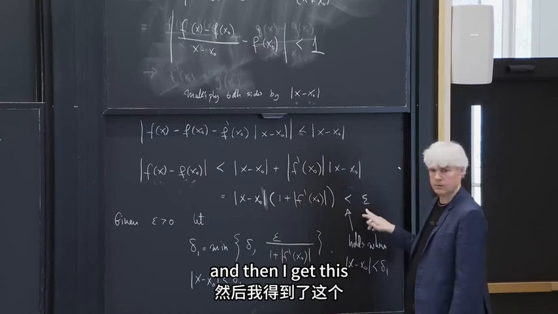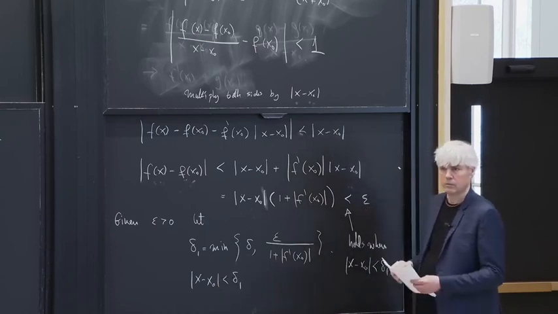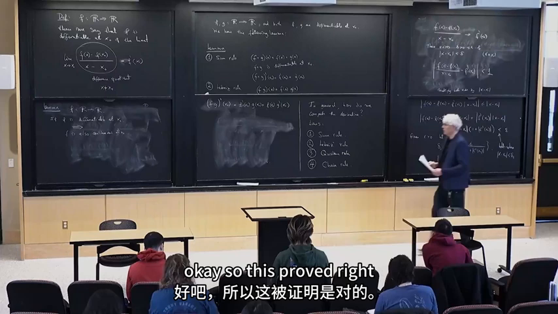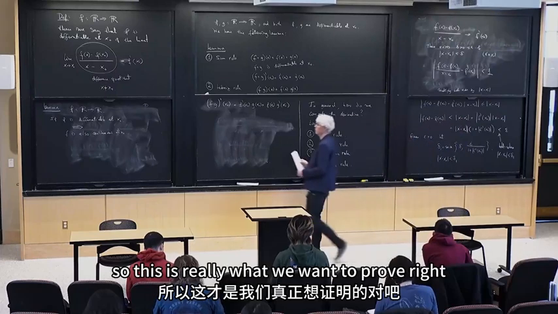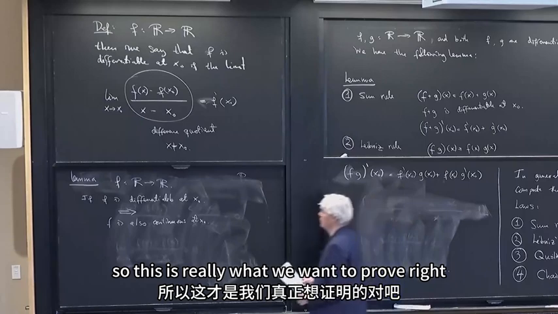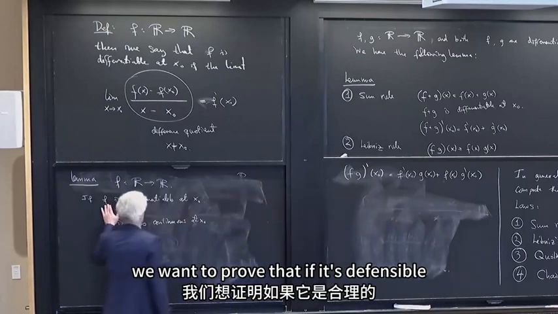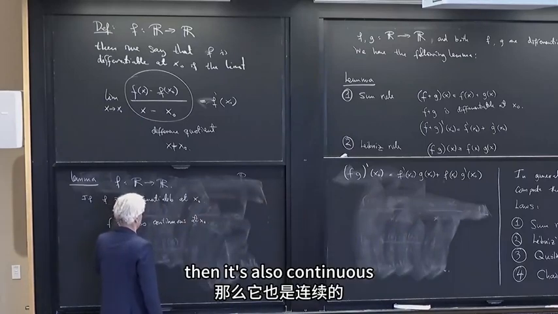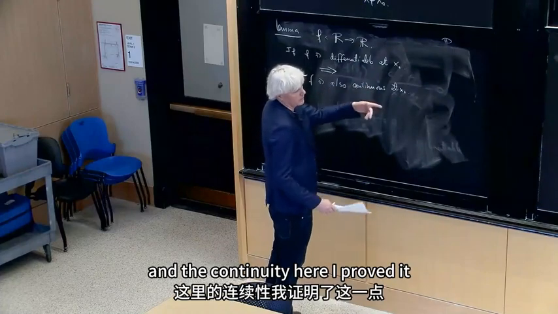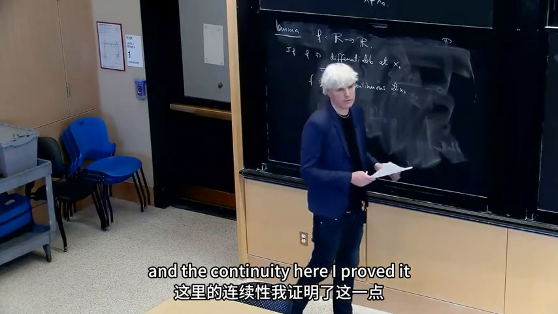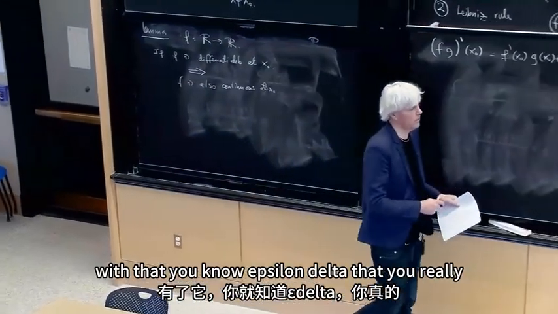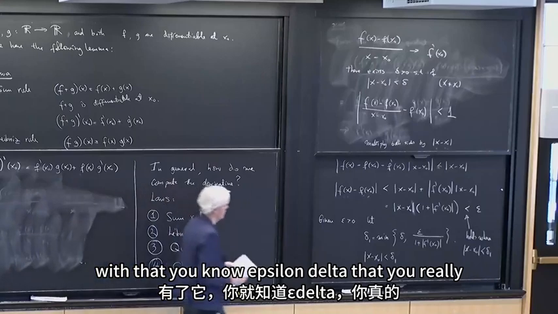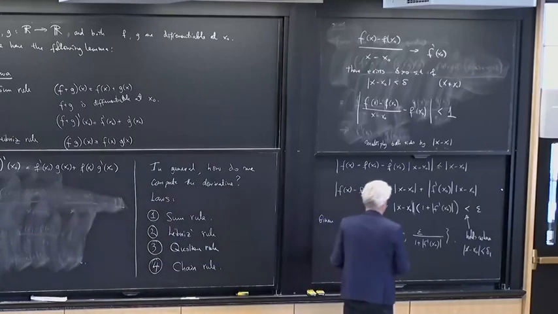And then I get this inequality. Okay, so this is really what we want to prove, right? We want to prove that if it's differentiable, then it's also continuous, and the continuity, here I proved it with the epsilon-delta definition, that you really should prove it like, okay?